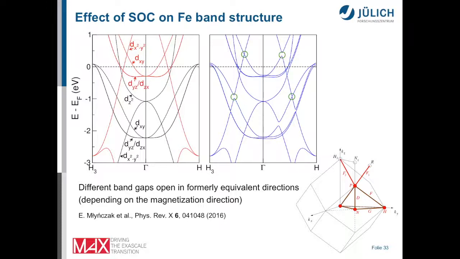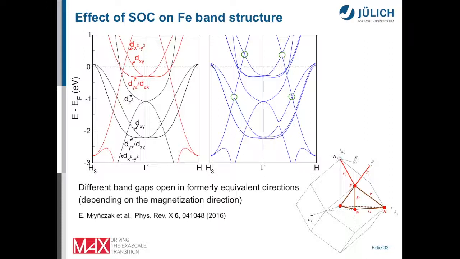And you see spin up cannot interact with spin down, so you have crossings of the bands everywhere. Now, if you turn on spin-orbit coupling, then you see that you get band gap openings in some cases and in others not. And whether you get band gap openings depends on the relative direction between the magnetization and the orbitals of your crystal.